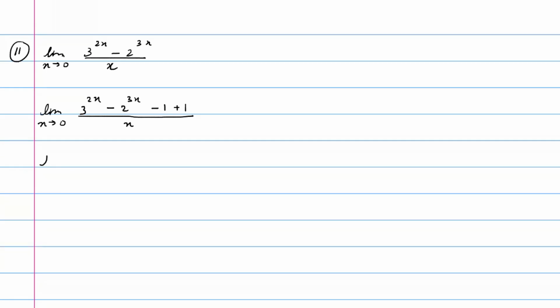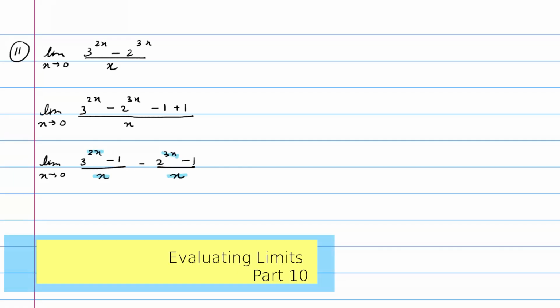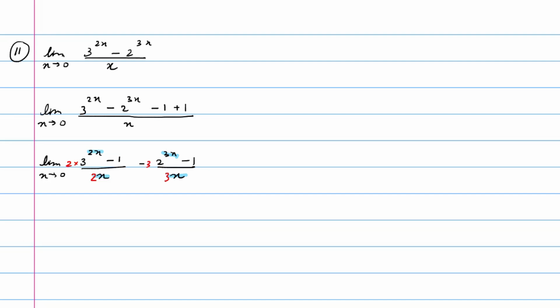Limit x tends to 0, 3 raised to 2x, upon x, minus 2 raised to 3x. The next thing that you need to do is to match this. So what do we do in that? 2, 2 and 3. Yeah, so this is 2 and 2 is multiplied, this is 3 and 3 is multiplied, up and down.